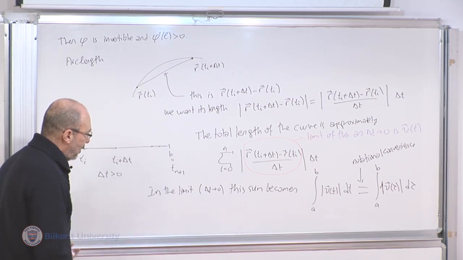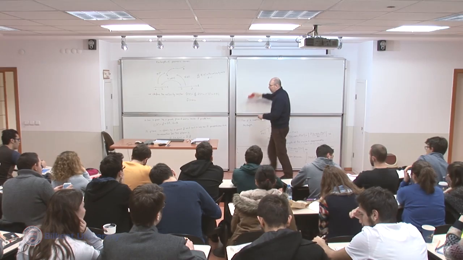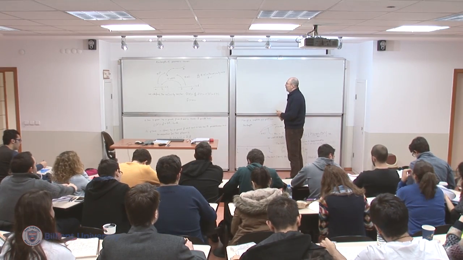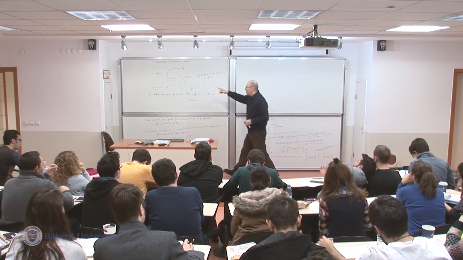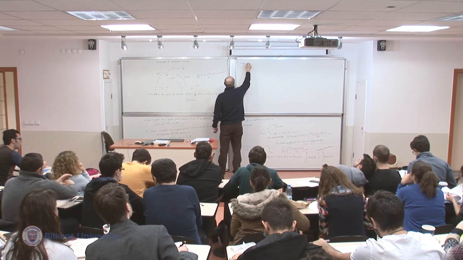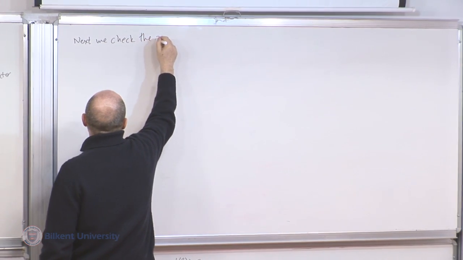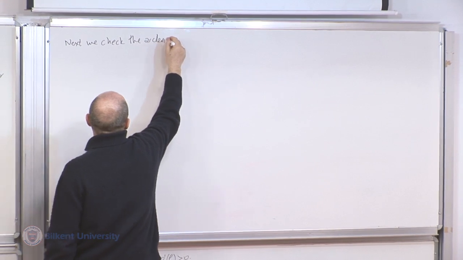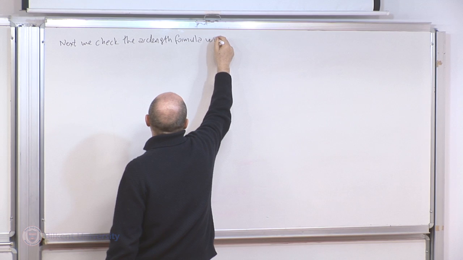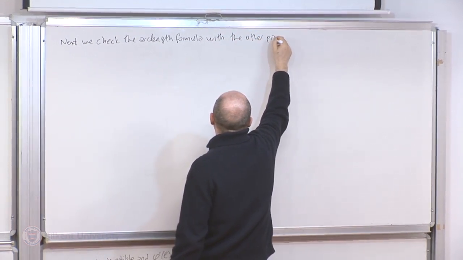Okay, so let's do it over here so that we keep seeing it. Now we will calculate the same arc length using this parameterization. So next, we check the arc length formula with the other parameterization.